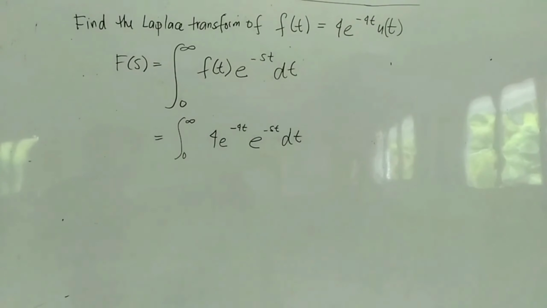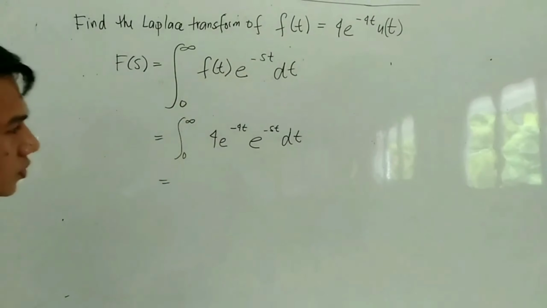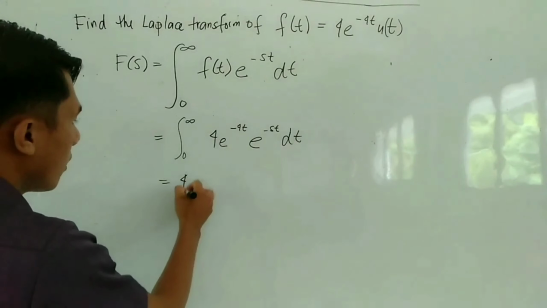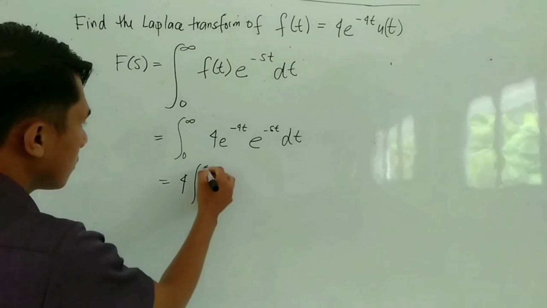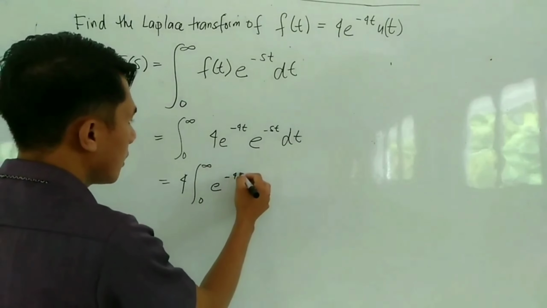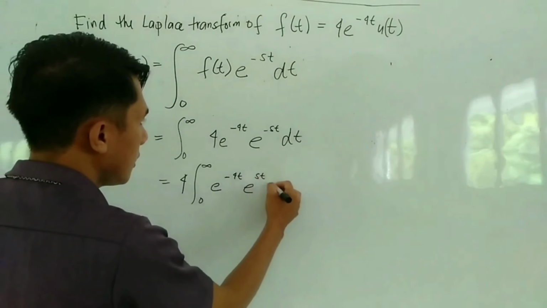So we have a constant value, 4, times the integral from 0 to infinity of e to the negative 4t e to the negative st dt.